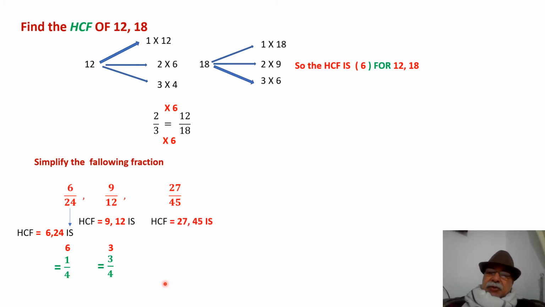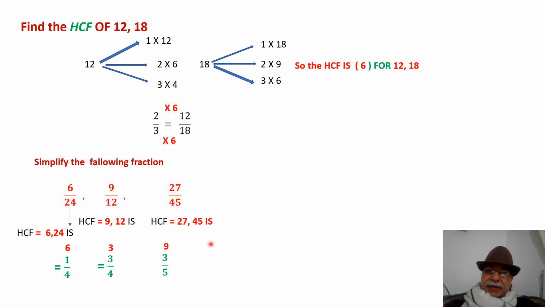Now I also give you some time to find the highest common factor for 27 over 45 to simplify this fraction. You can try. 9 is the highest common factor for 27 over 45.